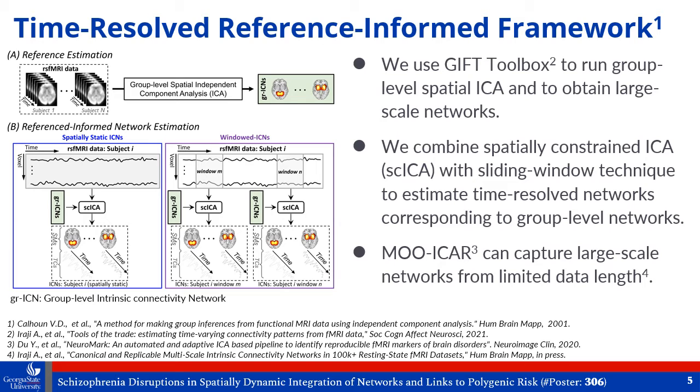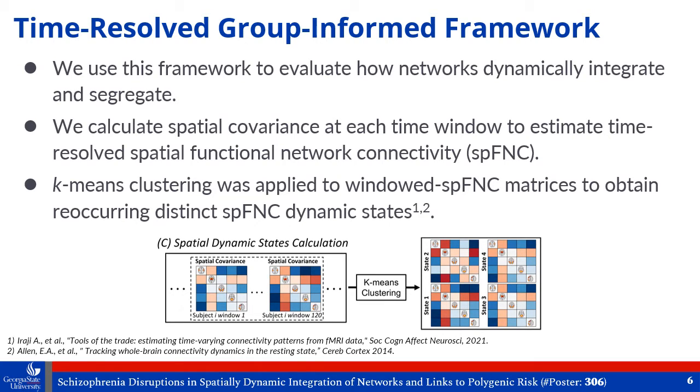We use multi-objective optimization ICA with reference, or MOO-ICAR, as our recent study showed it can effectively capture large-scale networks from short or limited data lengths. We use this framework to evaluate how large-scale networks dynamically integrate and segregate from each other.